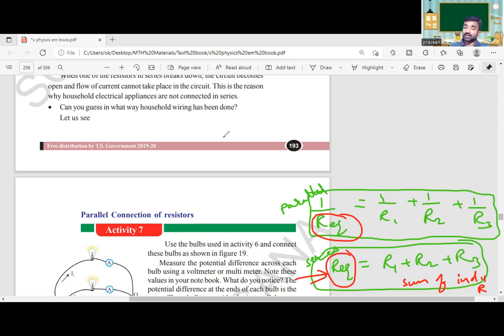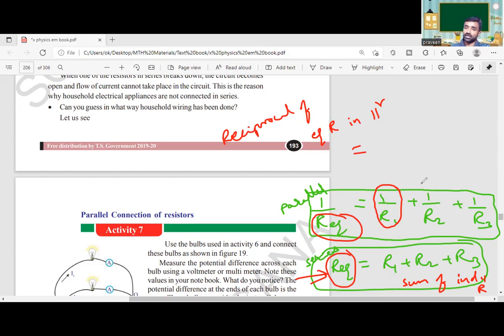The reciprocal of the equivalent resistance in parallel combination is equal to the sum of the reciprocals of the individual resistors. Like this, we can define the equivalent resistance in parallel combination and in series combination.